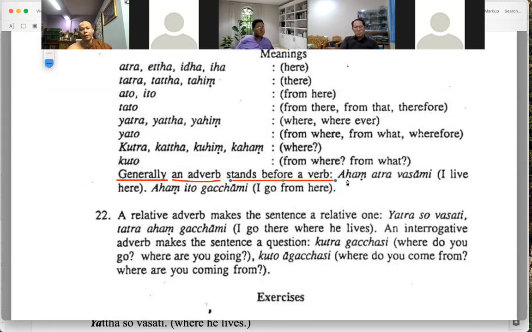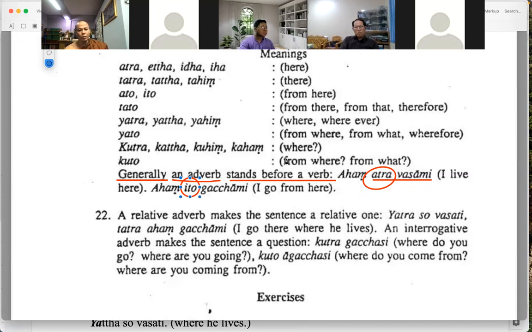So that is why aham idha vasami, you see. Yeah, idha before the verb. So I live here. The same way aham ito gacchami. So I go from here. So in this way.